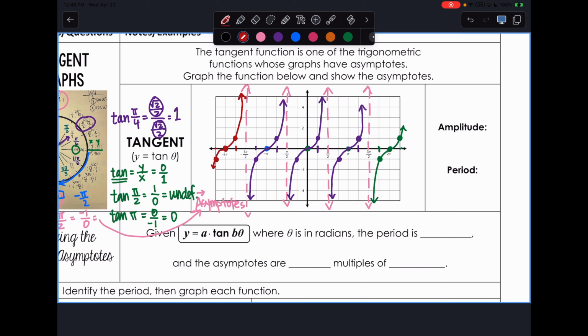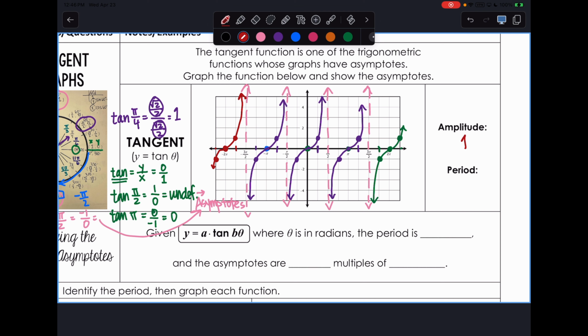So if it wasn't a 1, this one says 1 times tangent of theta. If amplitude was a 1 and it said 3, you would go halfway between the center and the asymptote and go up 3 and plot your point there. And your curve would go through that point and continue forever. Okay? So amplitude is slightly used differently in tangent because they don't have a peak. Does that make sense? Yes.